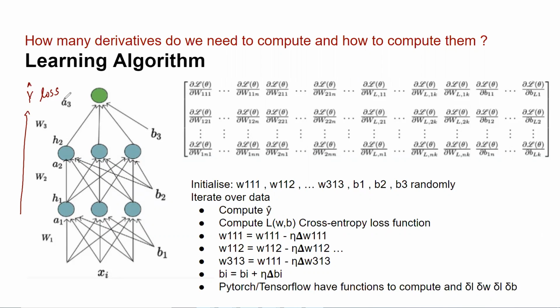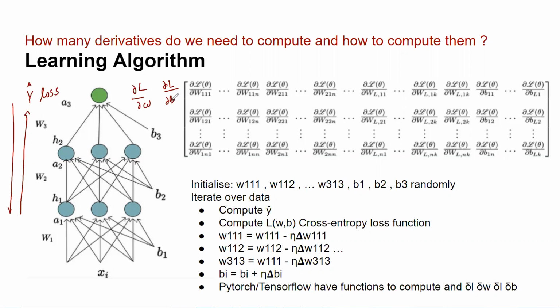And then we do backpropagation of this loss function. What we essentially do in backpropagation is compute the derivative of the loss with respect to all the weights. We compute dL by dW and dL by db.